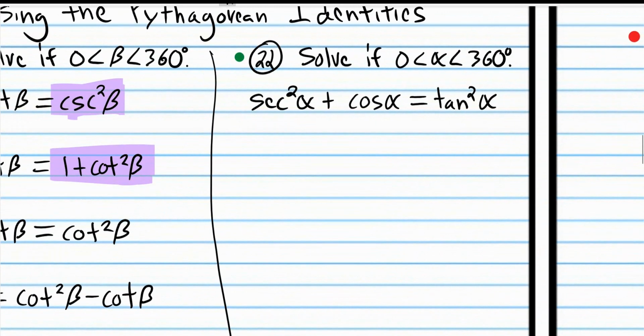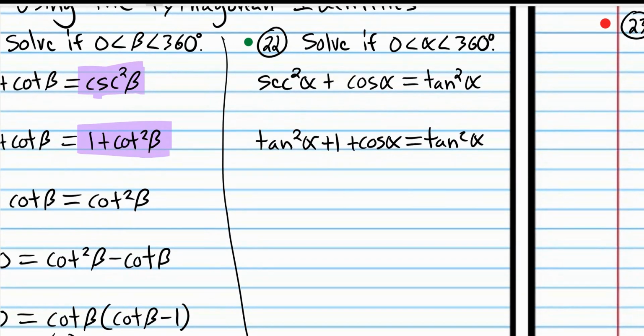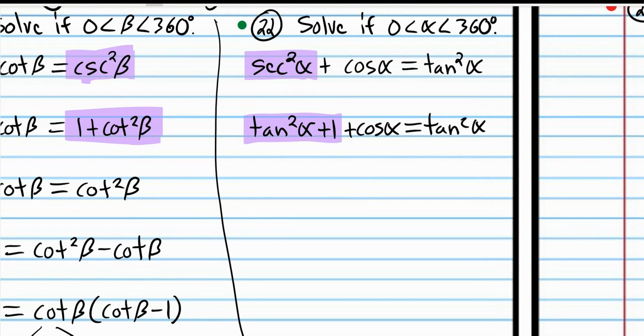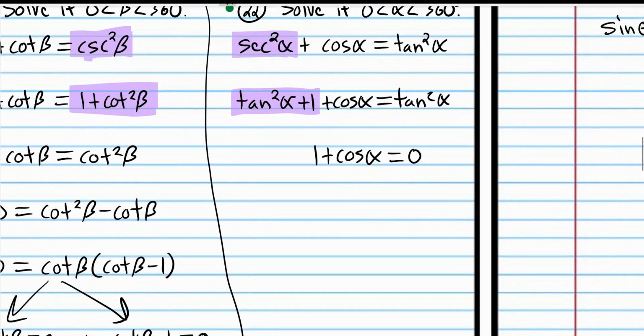Okay, we're back. So secant squared alpha is equal to tangent squared alpha plus 1. So we used a Pythagorean identity. Then I'm going to subtract tangent squared alpha from both sides. And then I'm going to subtract 1 from both sides.